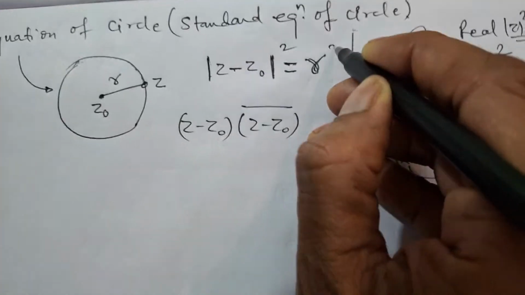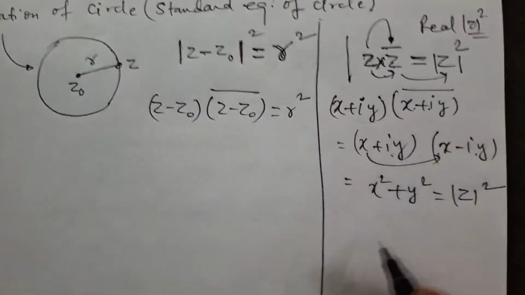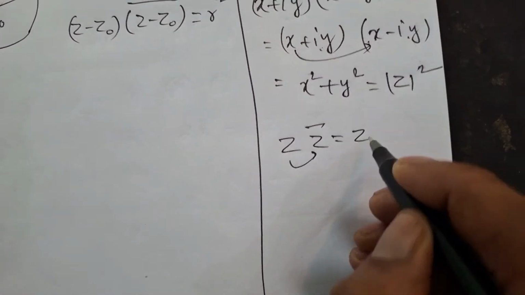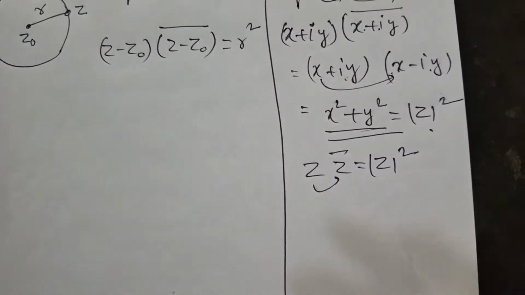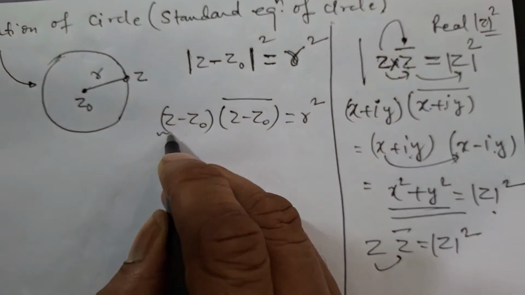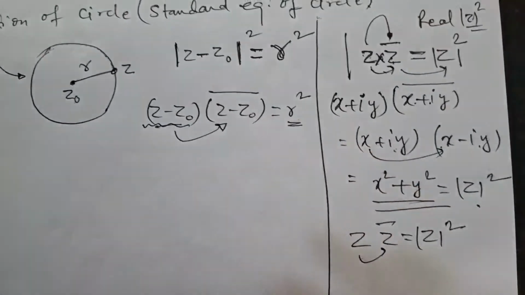Can we write a square function in this way according to this law, genius? As I told, z and its conjugate is nothing but real values. So here also this is a complex number and its conjugate gives real values, radius square.